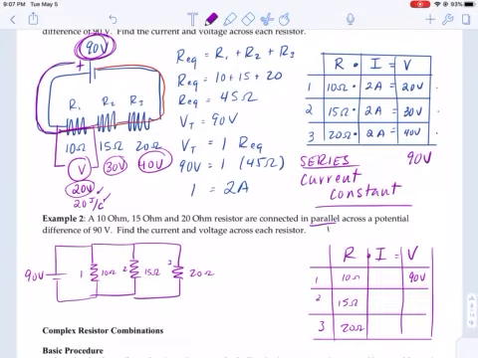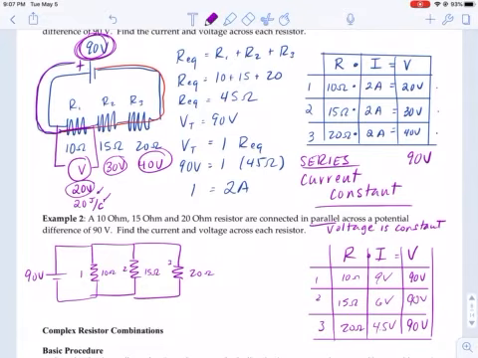And now what we see in parallel is that the voltage is constant. So since I know that the voltage across each one of these is 90 volts, it's pretty simple to solve this using Ohm's law. 90 divided by 10 is 9. 90 divided by 15 is 6. 90 divided by 20 is 4.5.